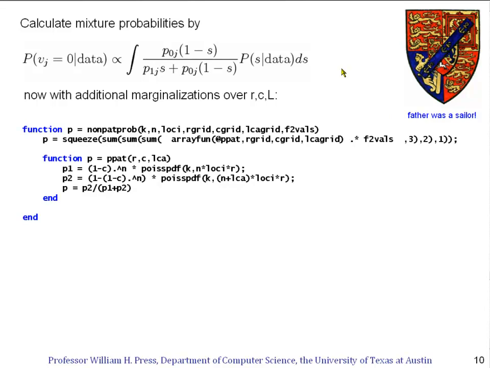So we're going to define a function that's going to be the non-paternal probability. Let me show you what that function really is. Here, this inner function, p pat, basically computes this term up here.